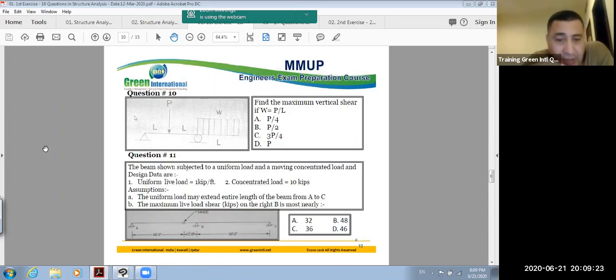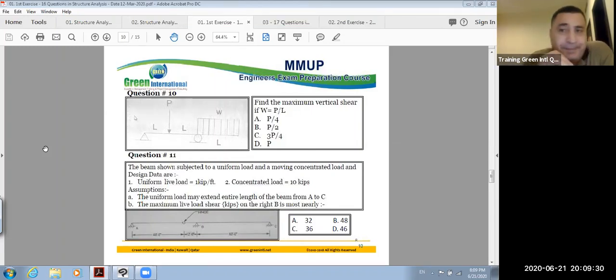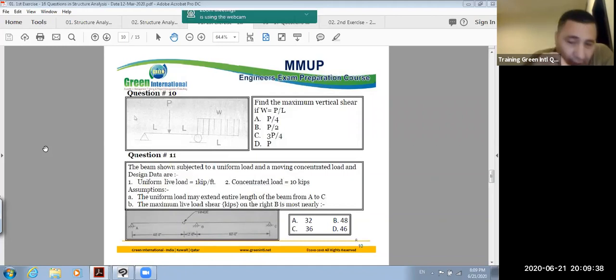Assumption: the uniform load may extend over the entire length of the beam from A to C. The maximum live load shear force in kips on the right is most nearly what? What a confusion. Okay.